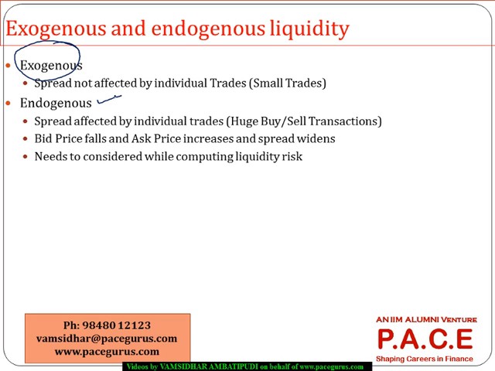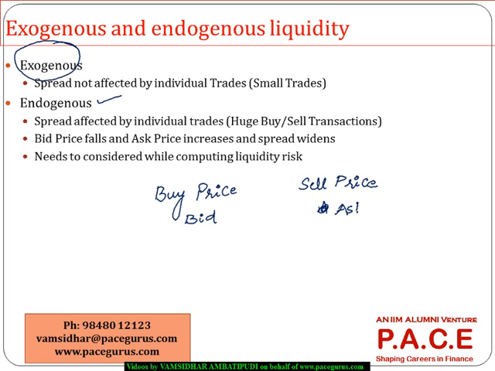A very interesting aspect of exogenous is whatever is the spread, the bid versus the ask, the buy versus the sell. Just to give clarity on the words, the bid and the ask.